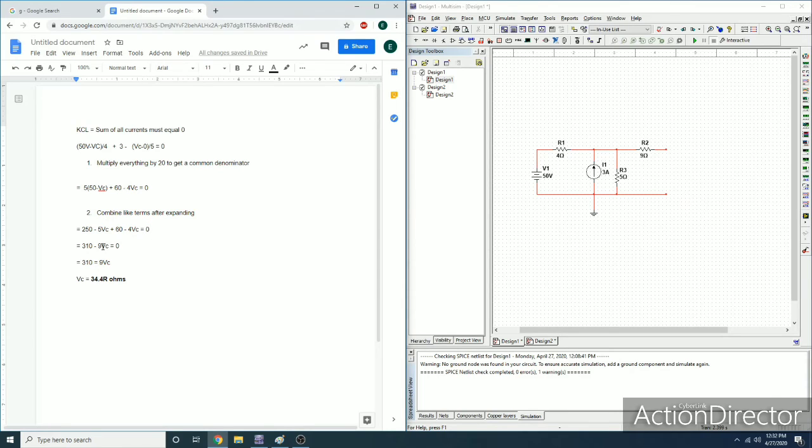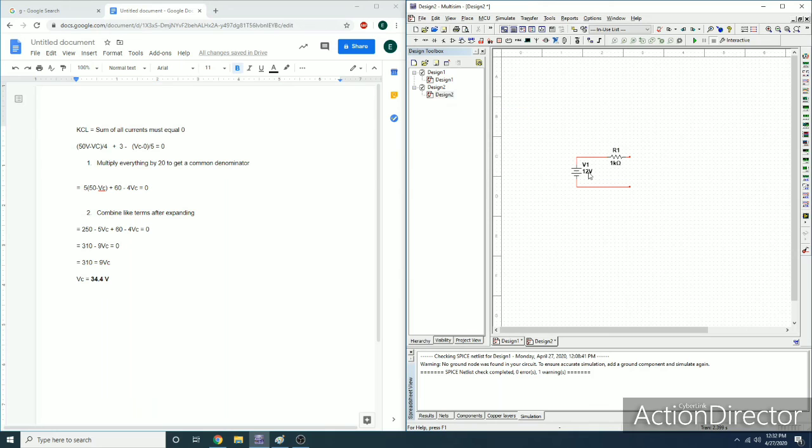That equals 310 minus 9 VC equals 0. Move the 9 VC to the other side, divide 310 by 9, and you get 34.4 volts.